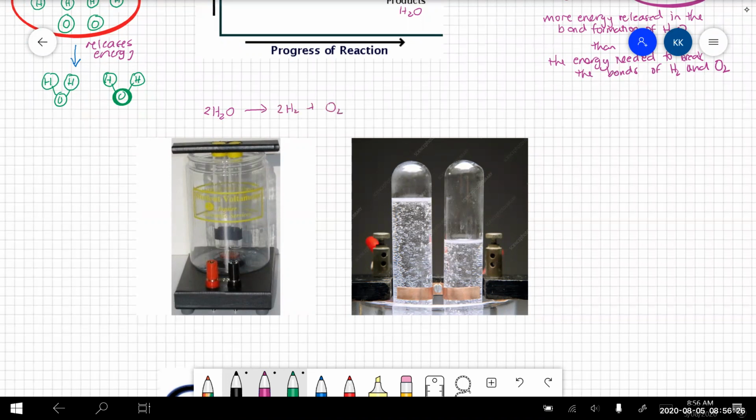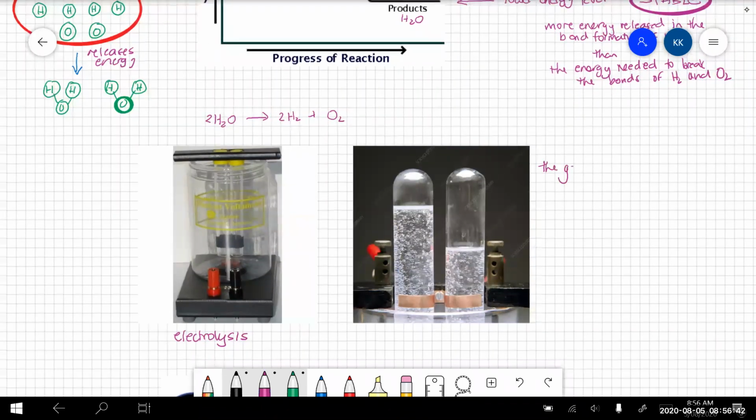And we do this by electrolysis, which is where we take our water and a little bit of acid to make it conduct electricity, and we run a current, and what we actually see is that the gases are produced. And of course, we know that this one is the oxygen. There's a good colour to use, red. So this is your oxygen gas, and this is your hydrogen gas. And you know that because there's twice as much hydrogen as oxygen.